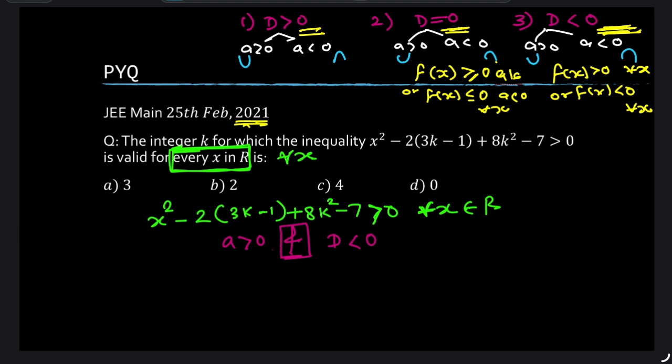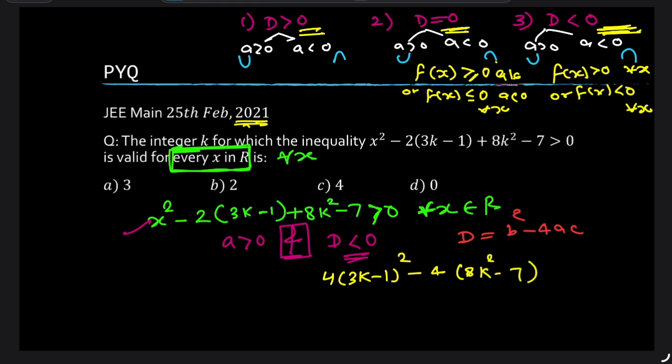Now check out a. a is 1, that is already greater than 0. Now check out D. D should be less than 0. We'll write D as nothing but b² - 4ac. So we can write 4(3k - 1)² - 4(8k² - 7) less than 0.